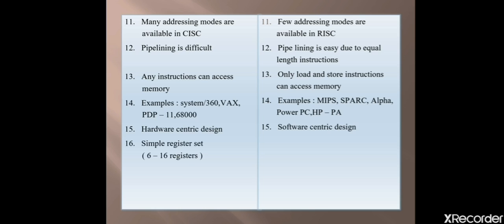CISC has a simple register set, 16 registers. RISC has multiple register sets, more than 256 registers it has. CISC supports microcode, microprogramming where instructions are treated like small programs. RISC has only one layer of instructions.